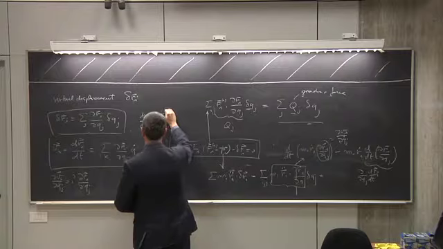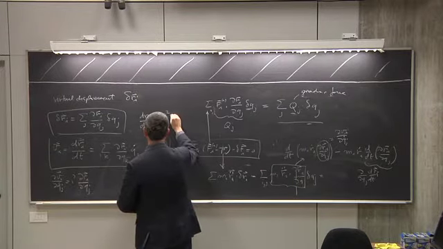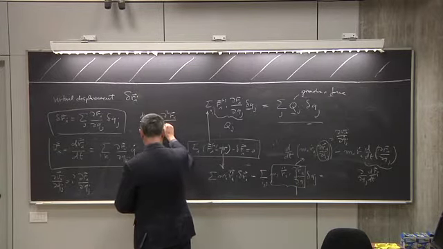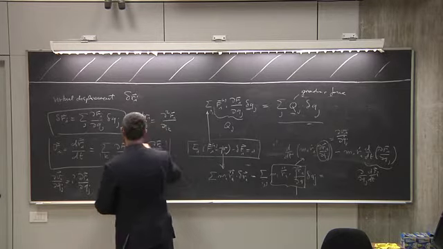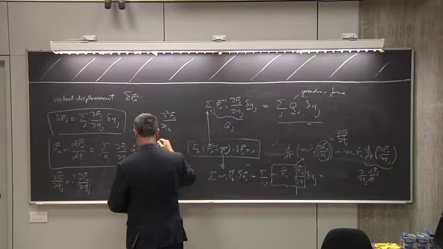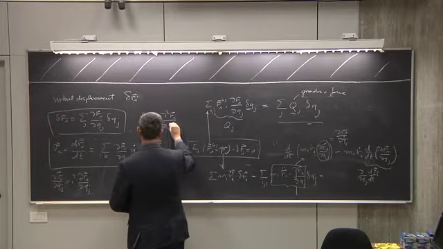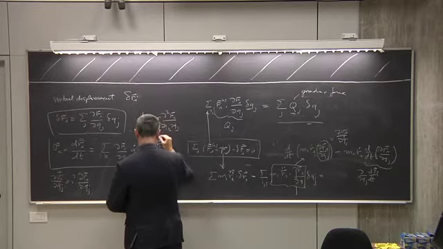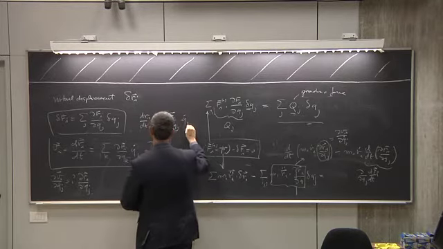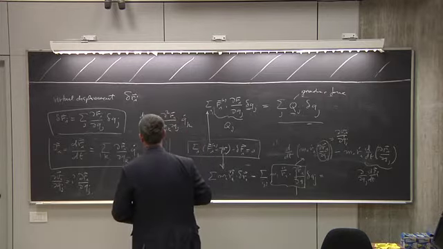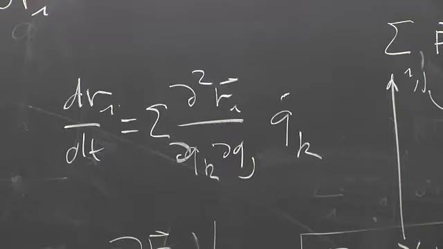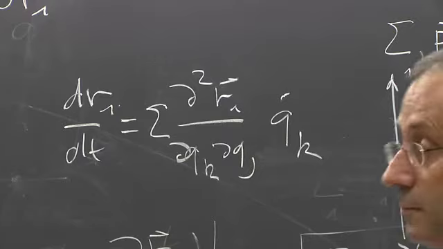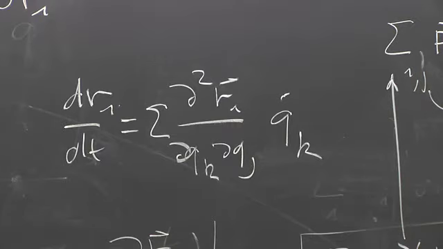Is this the sum over k of dri dqk times q dot k, and then the derivative dqj? So I can put it inside.